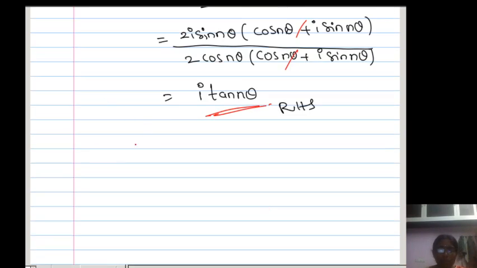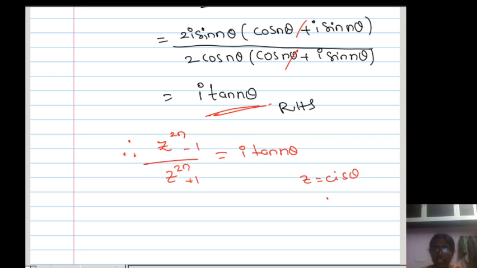So finally what I proved? (Z power 2n minus 1) by (Z power 2n plus 1) is equal to, LHS equal to RHS, that is i tan n theta, where n is an integer and Z is cis theta.